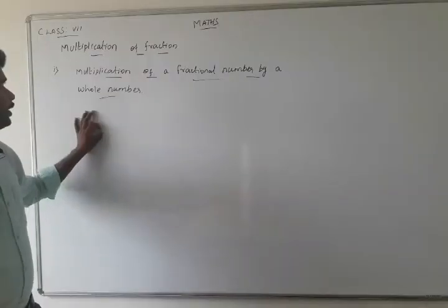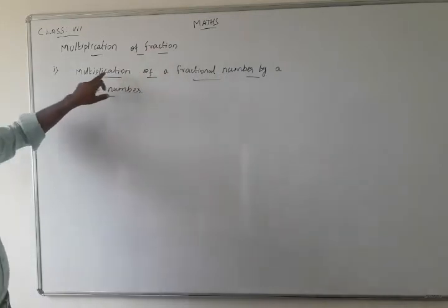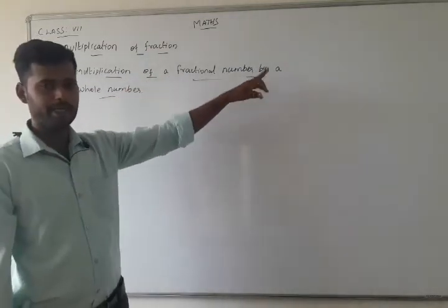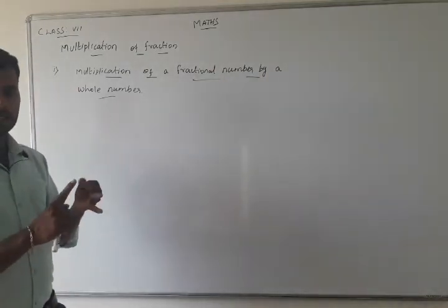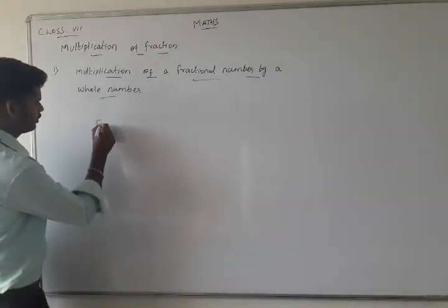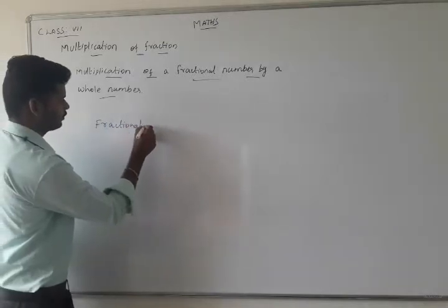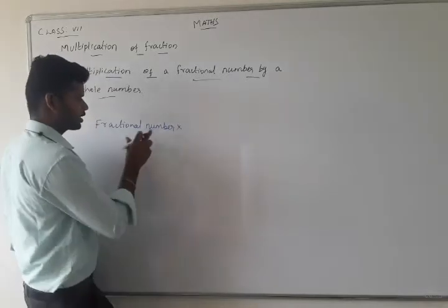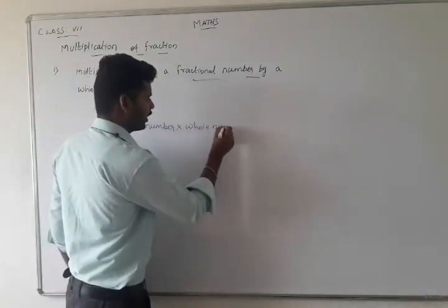Thank you. Next topic, multiplication of fraction. First one, multiplication of a fractional number by a whole number. You take one number as the fractional number and another as the whole number.